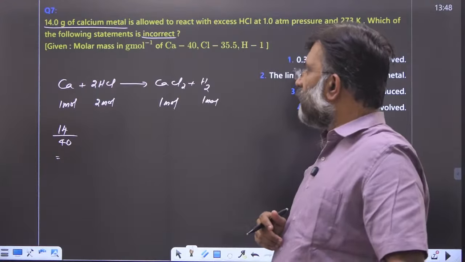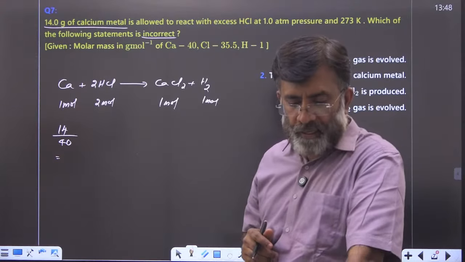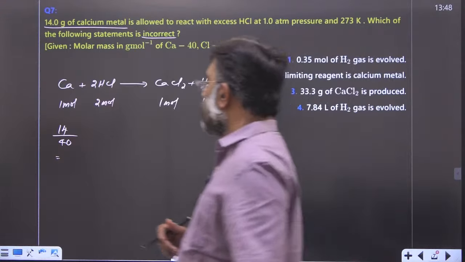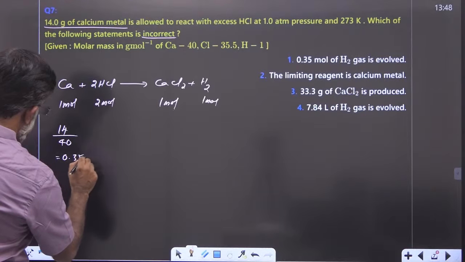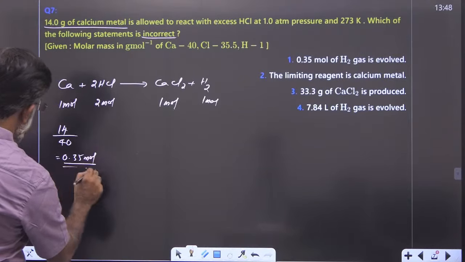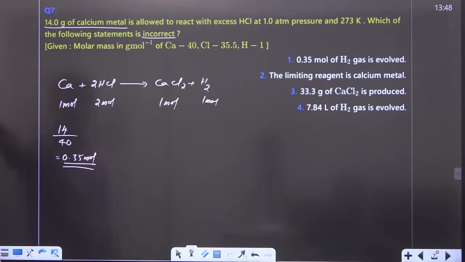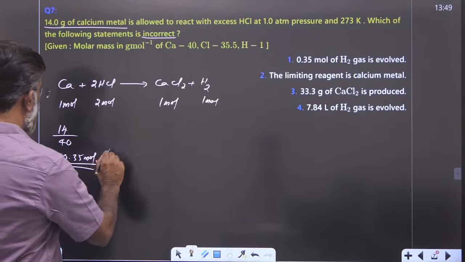That will give you the number of moles of calcium, and that is 0.35 mole. 0.35 mole calcium is what is reacting.